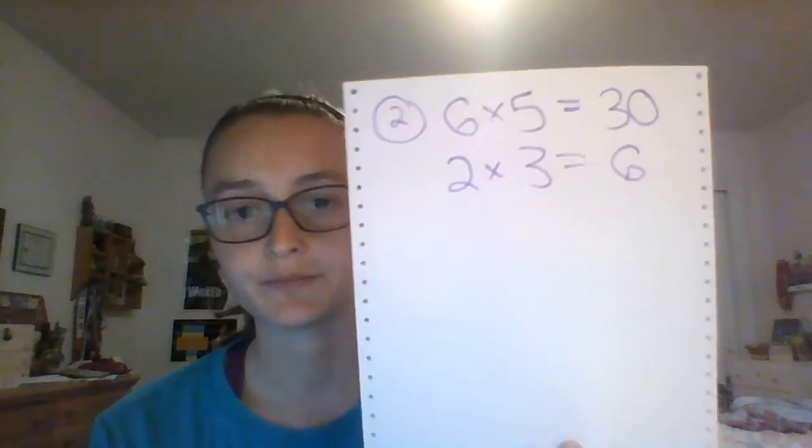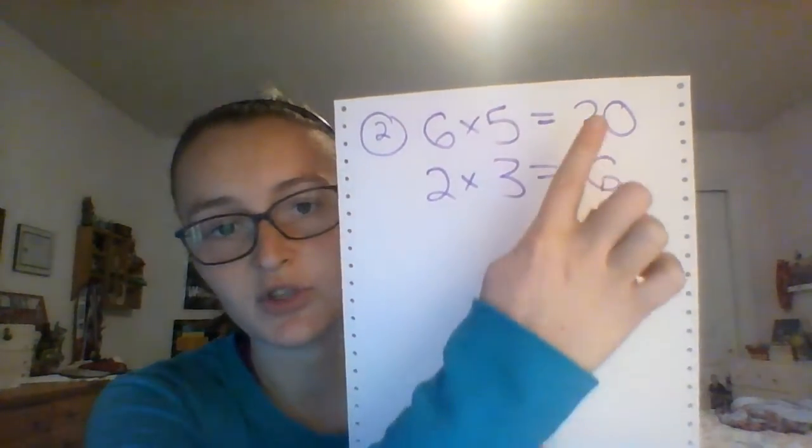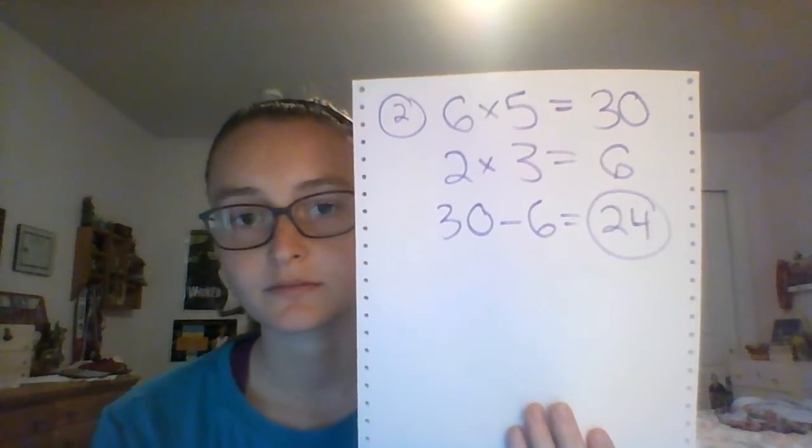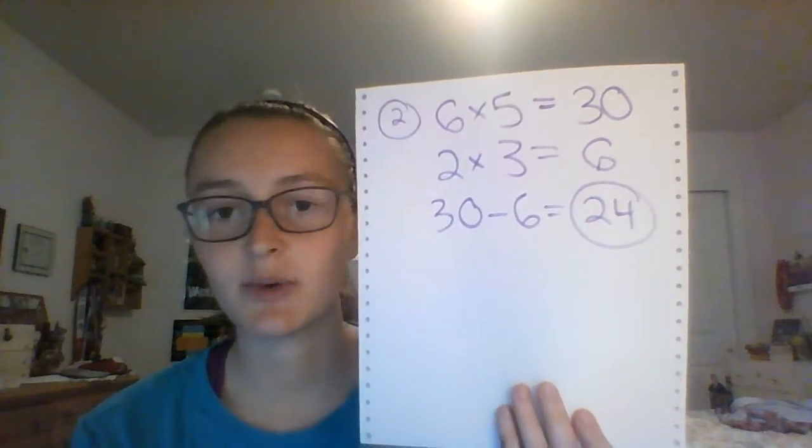And we have 2 times 3, which is 2, 4, 6. And if we subtract 30 minus 6, we get our answer 24. Awesome. That one was a little bit harder.